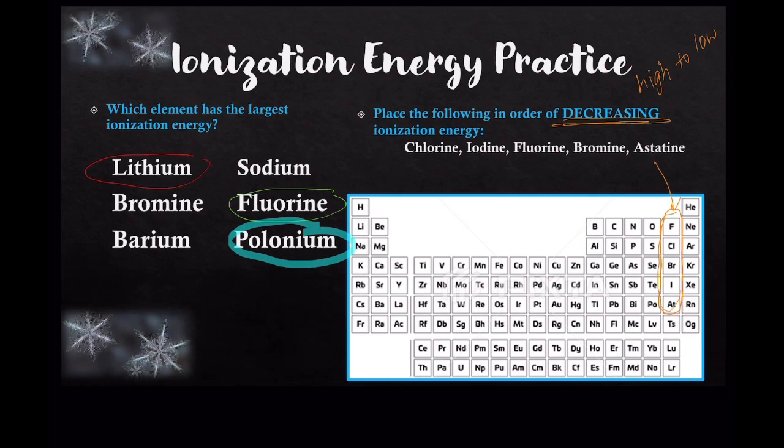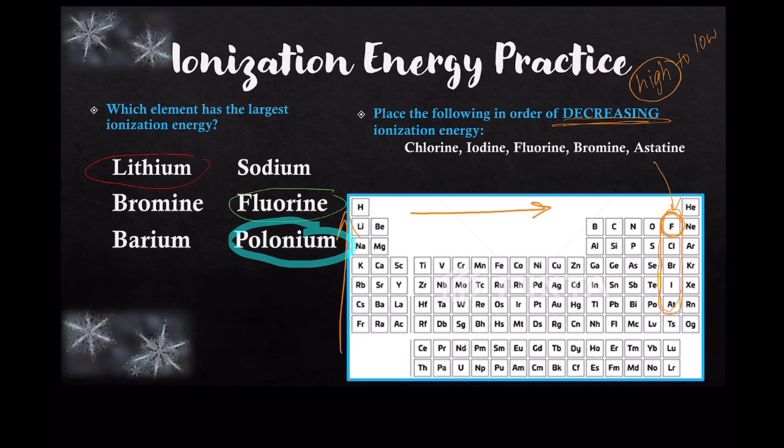So what we want to do is identify the element that has the largest ionization energy in this family. So if we understand that the trend increases for ionization energy when you go to the right and when you go up, you can see fluorine is the element that's the furthest up.